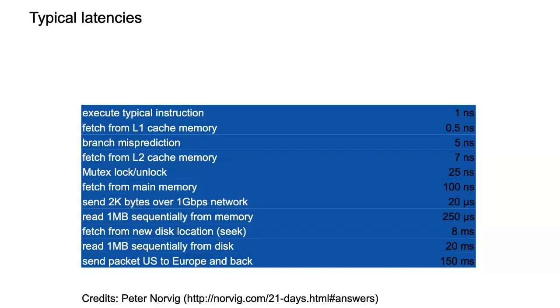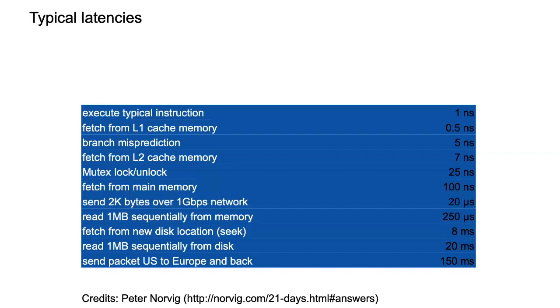It's a good idea to have a ballpark of these, not the exact values, right? But to know, like, is it nanoseconds, is it milliseconds, and so on, right? So you just need to have this intuition that when you are in the CPU, it's typically nanoseconds, right? When you are dealing with the memory and the network, it's typically going to be microseconds. And when you are dealing with disks or the internet, but far away over the globe, then it's going to be milliseconds, right?